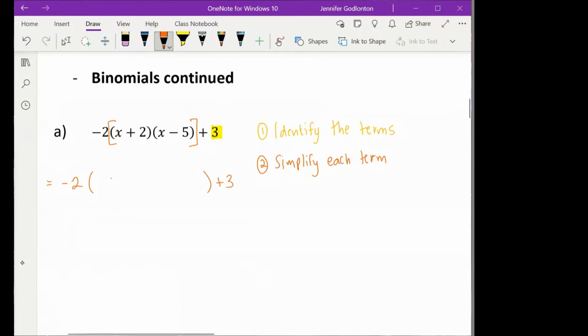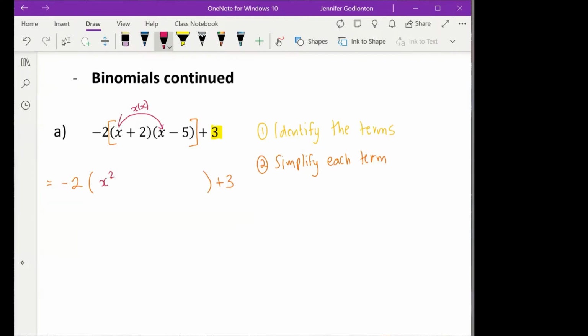Lita, all I'm wanting you to do is in this first bracket, we need to make sure we multiply it by both things in the second bracket. So we take this x, and the first thing we do is multiply it by that second x. So we're saying, what is x times x? And that's going to give me x squared.